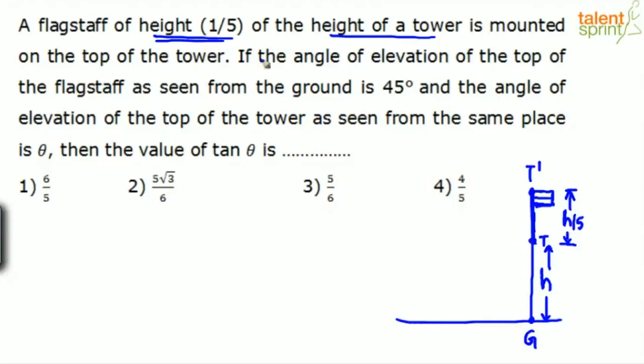Now he says the angle of elevation of the top of the flagstaff as seen from the ground is 45 degrees. So let's say somewhere from the ground, G dash, we are looking at the top of the flagstaff. Top of the flagstaff is T dash. So this angle of elevation is 45 degrees. And the angle of elevation of the top of the tower, top of the tower is this.